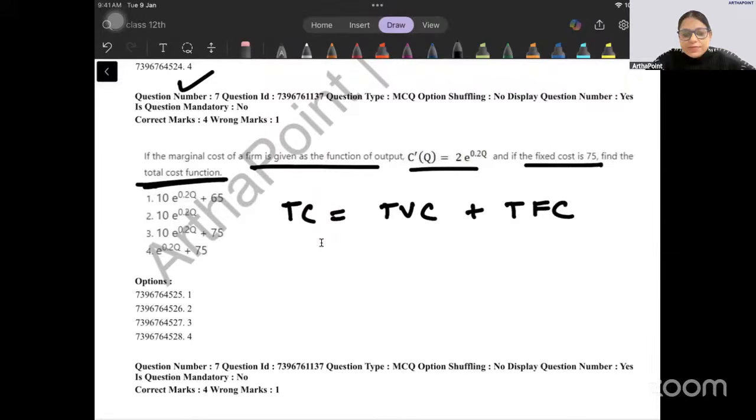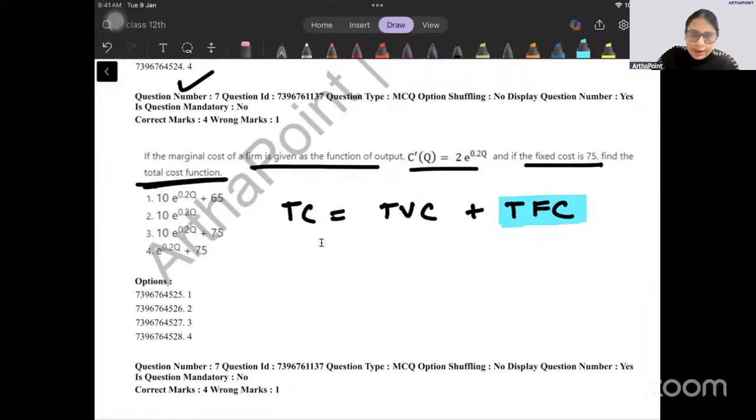I can say that total variable cost plus total fixed cost will be my total cost function. माने whatever total cost function I will be making, it will definitely have a fixed cost component attached to it.